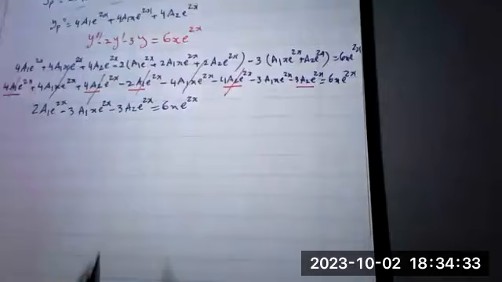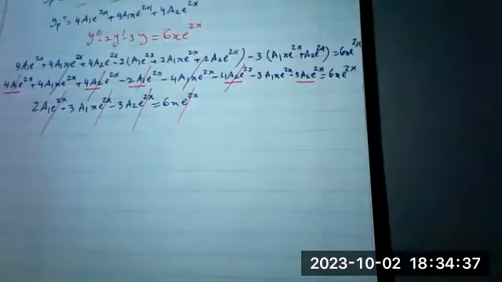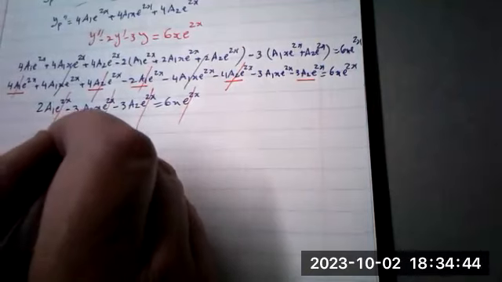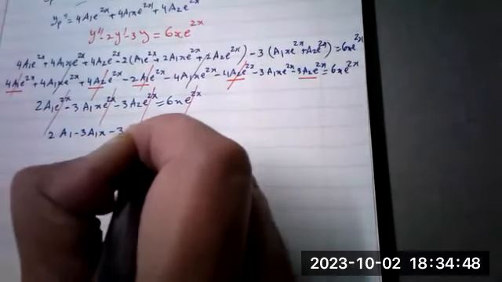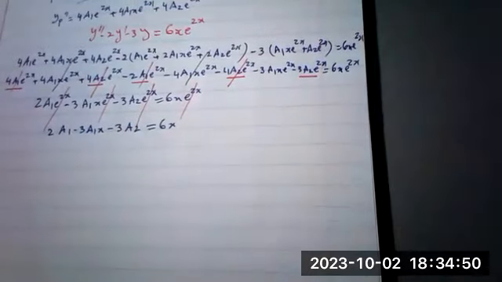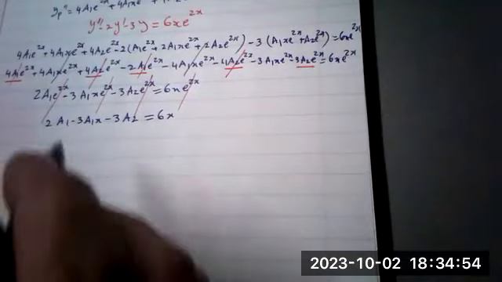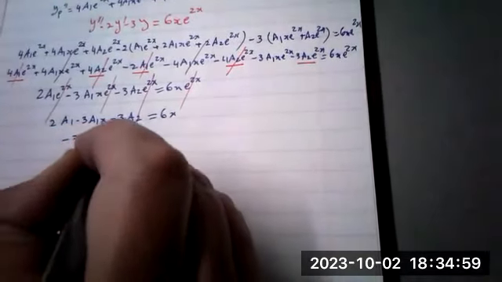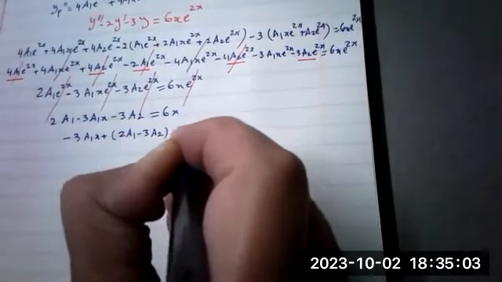So what we can do is divide by e to the 2x. So that gives you 2a1, minus 3a1x minus 3a2 equal to 6x. You see, eventually we get polynomials on it. As we did for the other one, it's negative 3a1x plus the constant term 2a1 minus 3a2, which is equal to 6x.